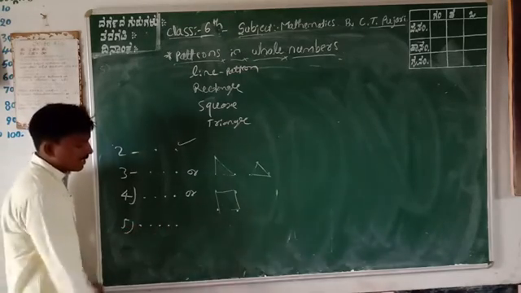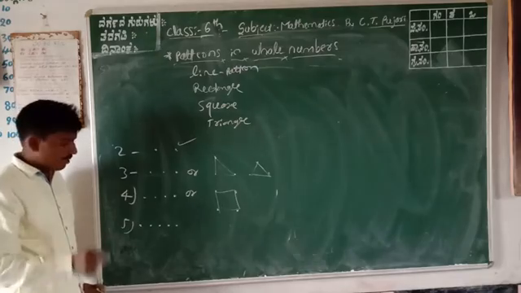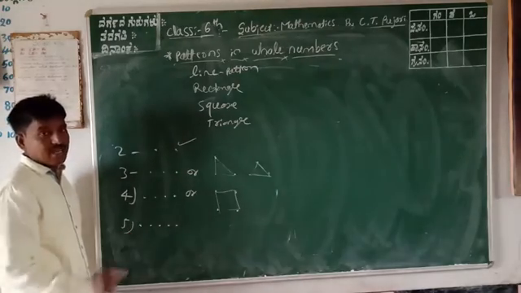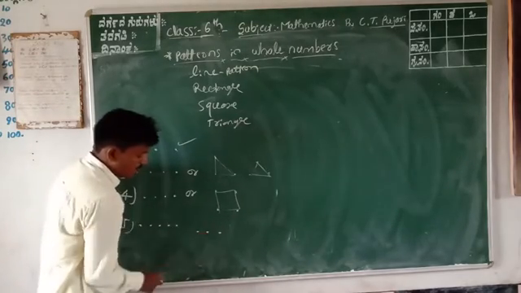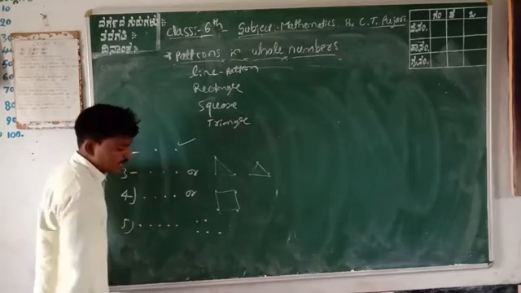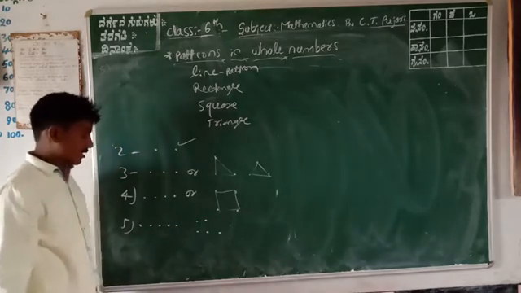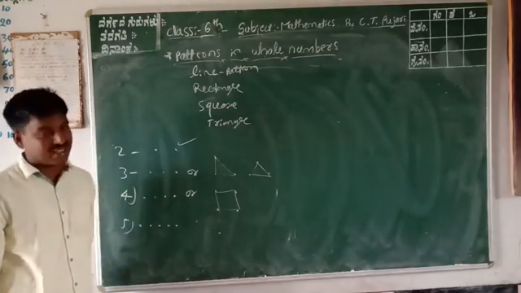It is not a rectangle, not a square, not a triangle. Only 5 is a line pattern.